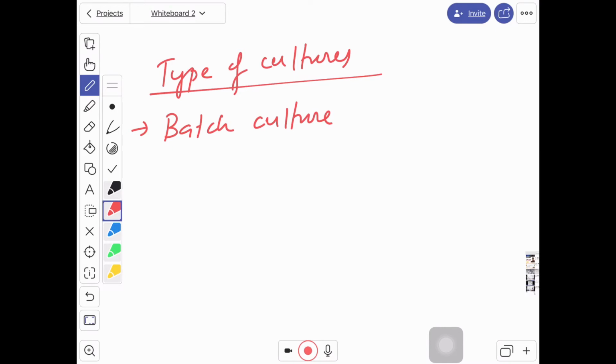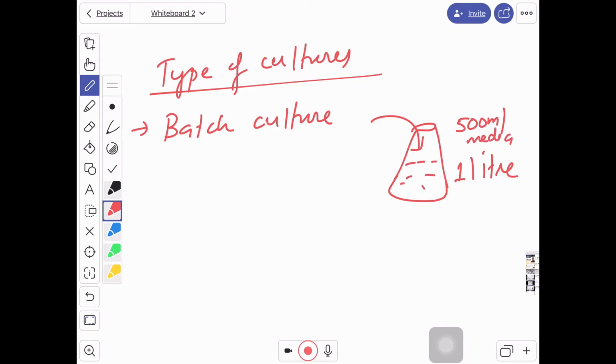For example, if I take a conical flask of 1 liter, to which I add 500 ml of medium and I inoculate microbe, then I close this container.